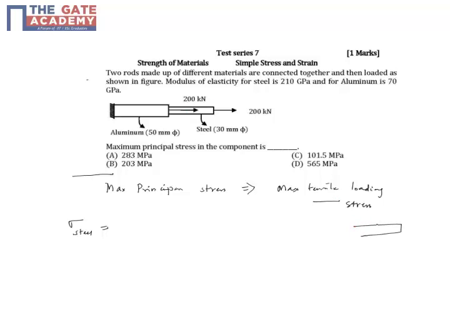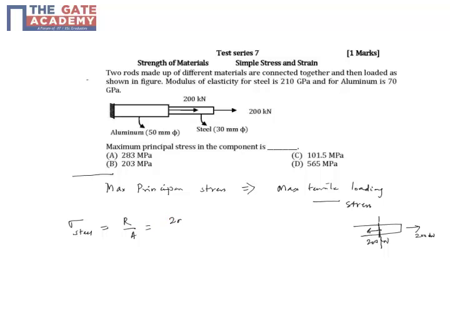If you take a cross section on the right side, the load is 200 kilonewtons, so on this cross section the resistance force is also 200 kilonewtons. That resistance force divided by the area is the stress.